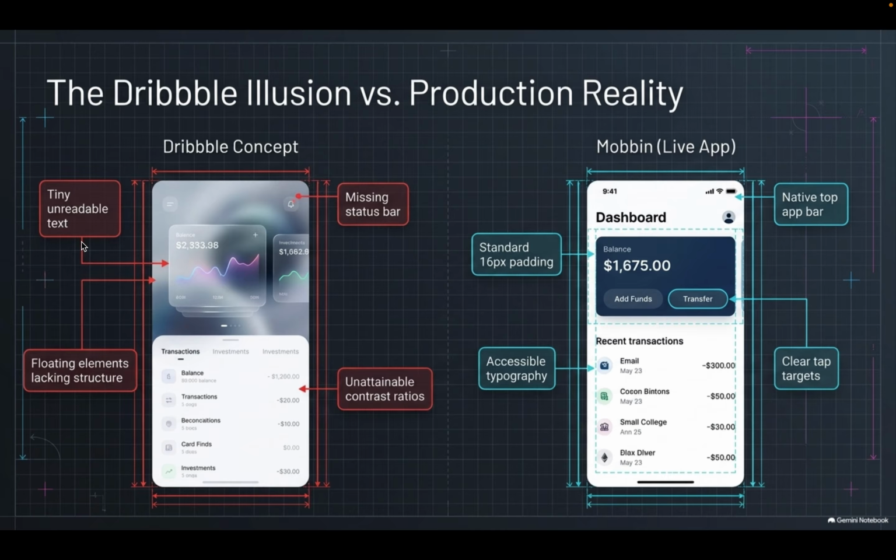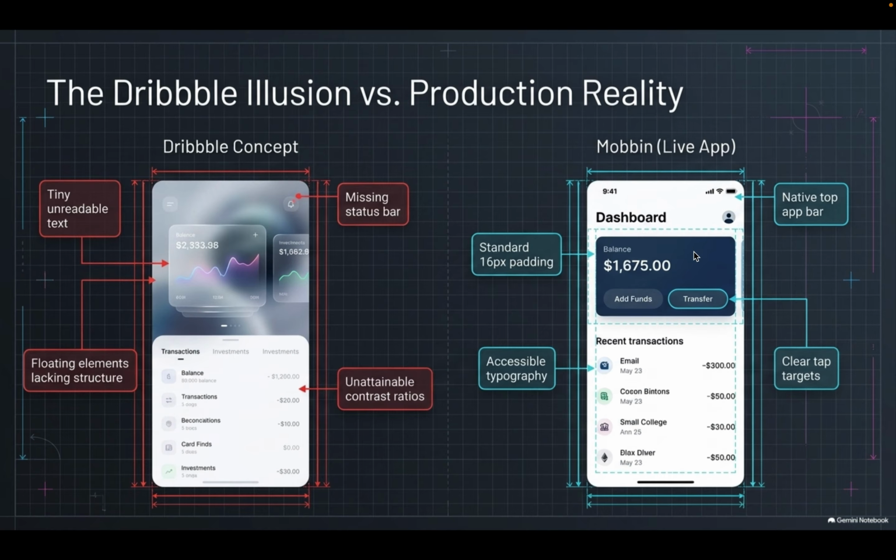So you can see here, Dribbble has tiny unreadable text, so tiny. Look, there's a missing status bar. Unattainable contrast ratio. You can see floating elements lacking structure. I know now we have designs that have floating elements, but it's not like this.